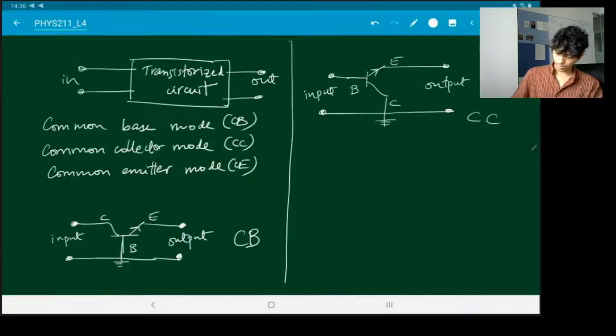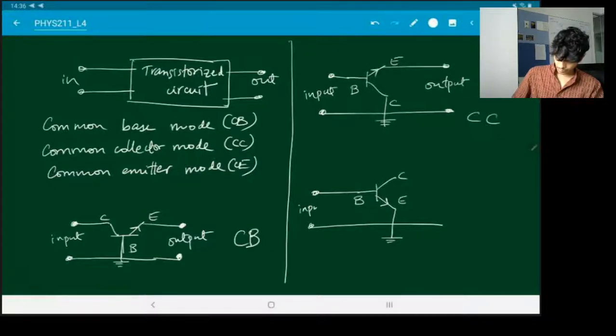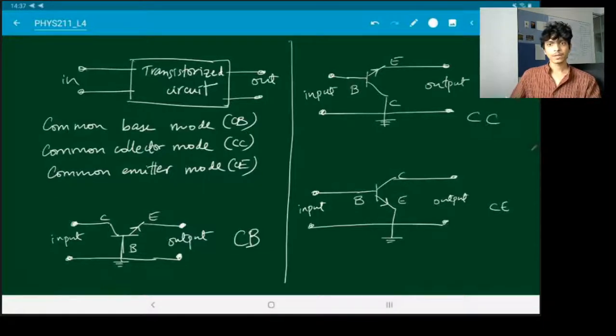And if you want the common emitter mode: base, collector, emitter, NPN. Input between base and emitter, output between collector and emitter. So this is your common emitter mode.